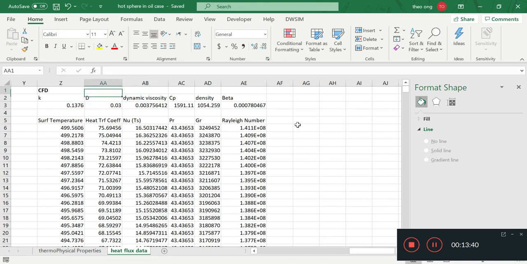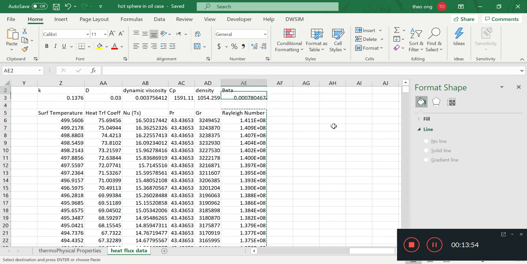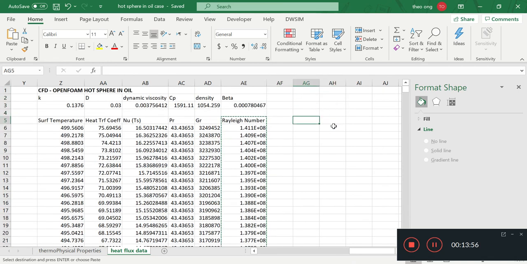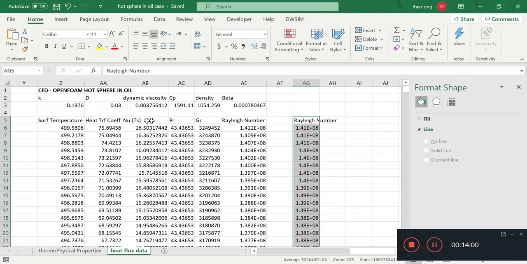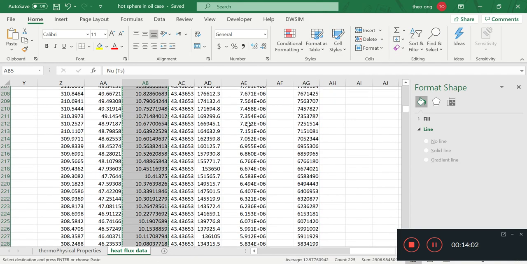This is an OpenFOAM version, foam hot sphere in oil. And the next thing we want to do is compare that. So I'll have the Rayleigh number, now paste it here, and the Nusselt number, I will paste it on the right.